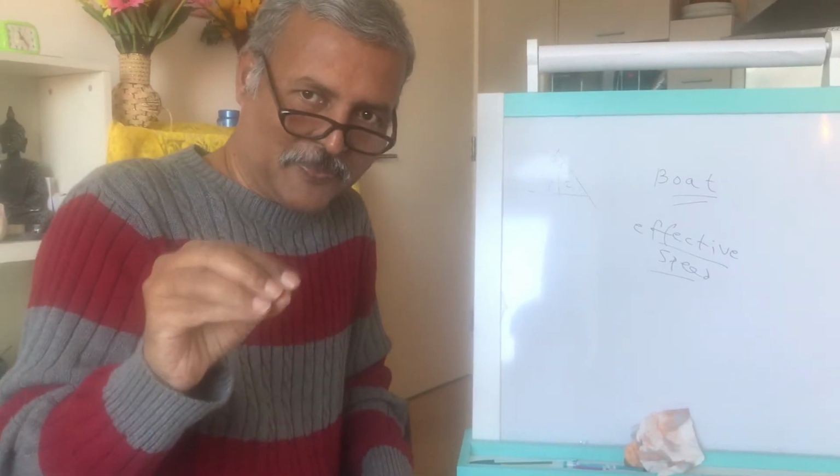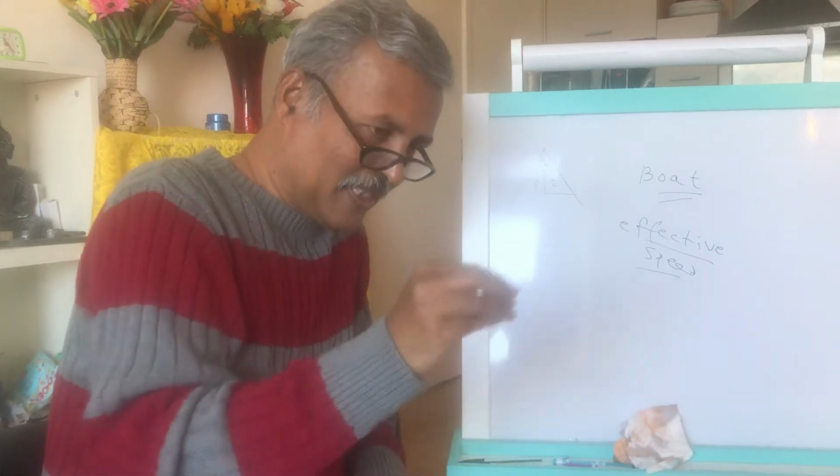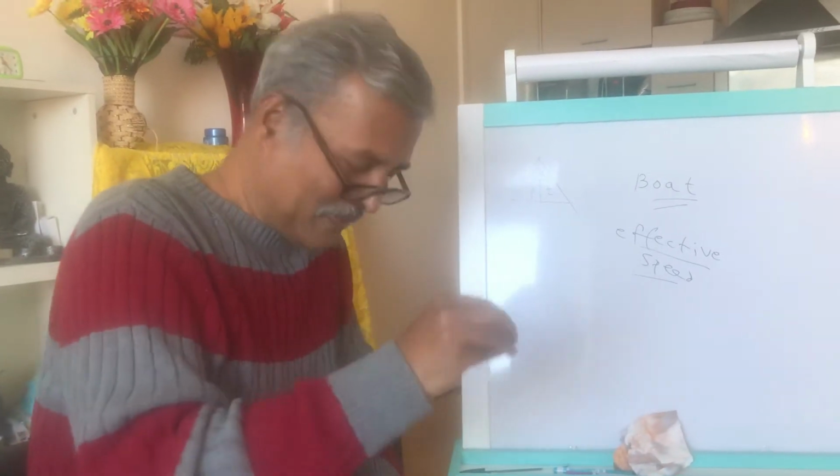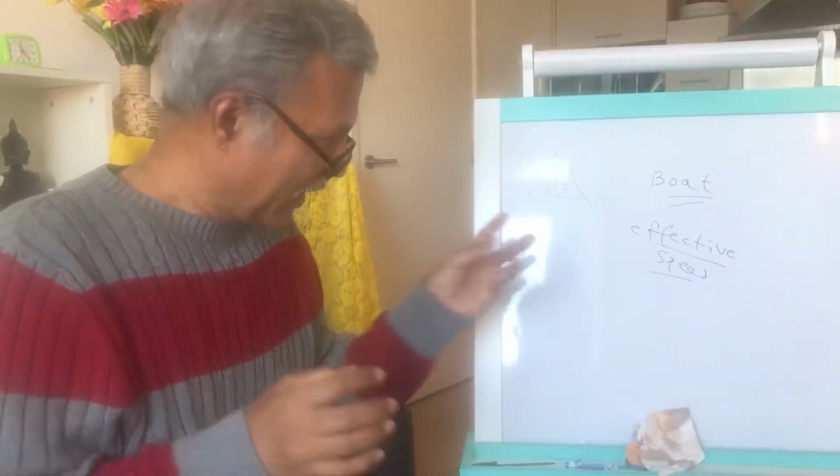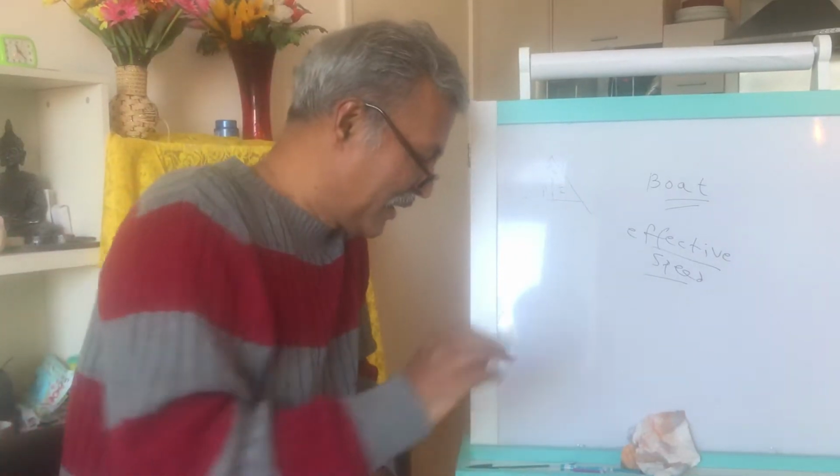So what is effective speed? I can make it clear, because this part is very important. Then one problem is sufficient. Therefore, you have to be alert. Catch this concept. So what is effective speed?